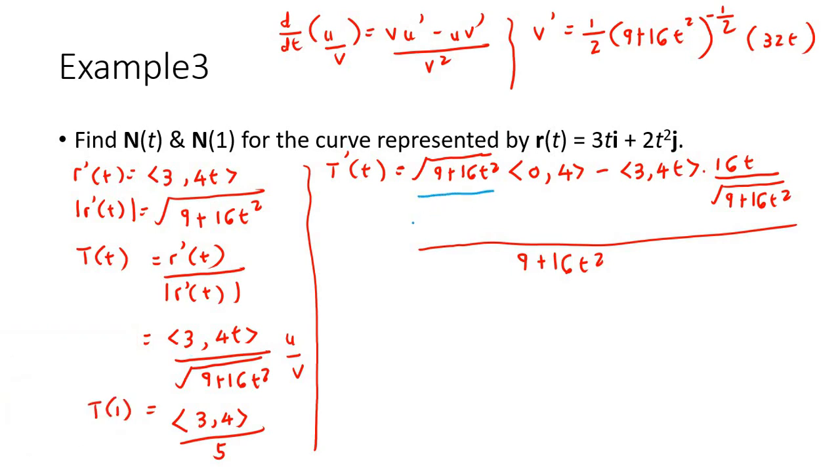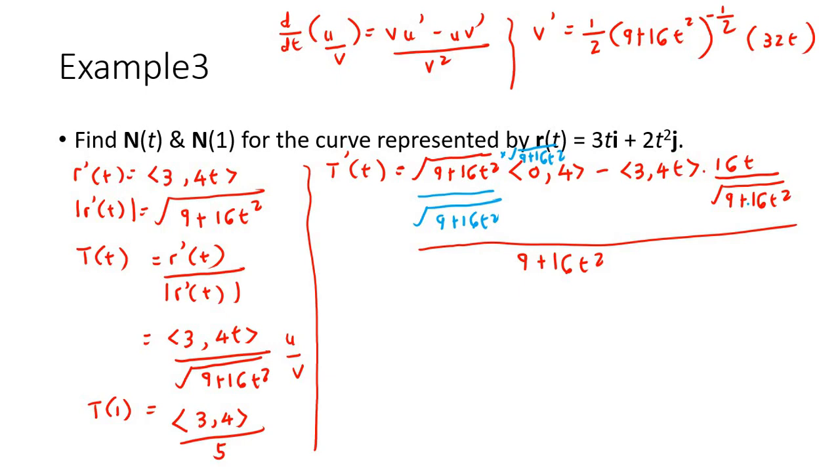Combine these two by getting the same denominator, which is 9 plus 16t squared. So on top you also have to multiply by 9 plus 16t squared, which gives back the same expression, the square root of 9 plus 16t squared.